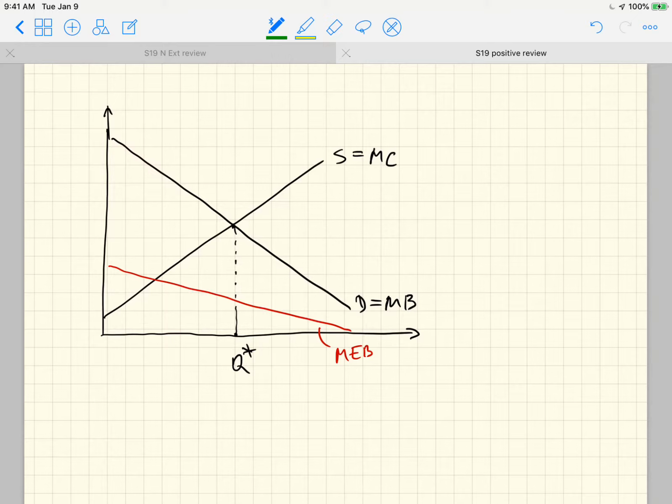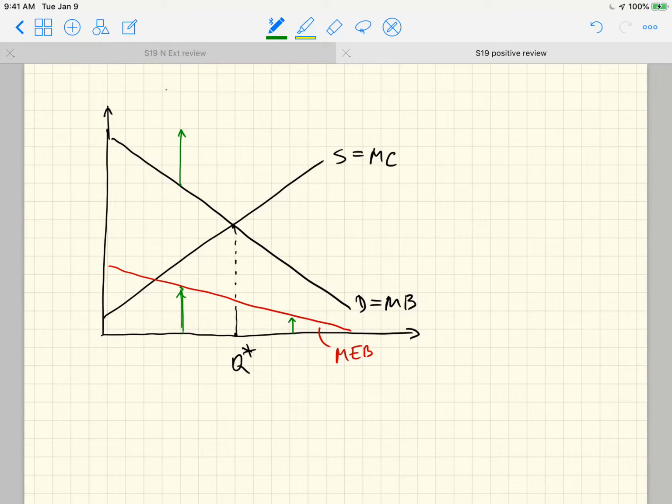So basically what I do, I take every point on the MEB curve, and actually not the point, well, the height, this height, right? And move it or put it on top of our marginal private benefit curve.